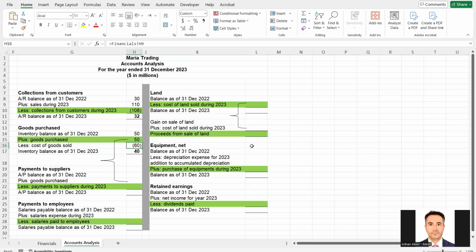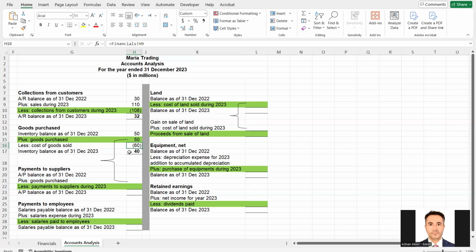In another way, I started the year with 50 million, and I purchased another 50, which took my figure in total to 100. Now the 100 is what I call the goods available for sale. Out of the 100, I sold 60, hence my ending balance was 40.